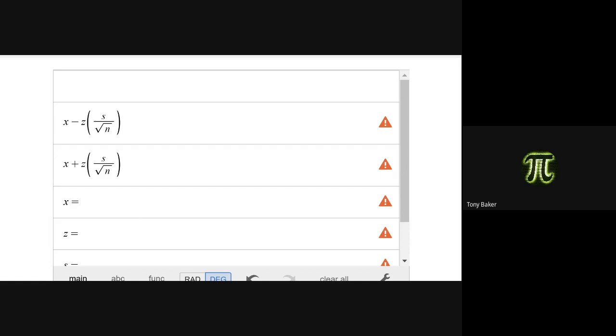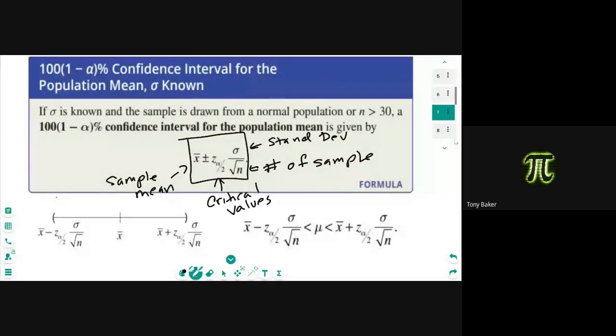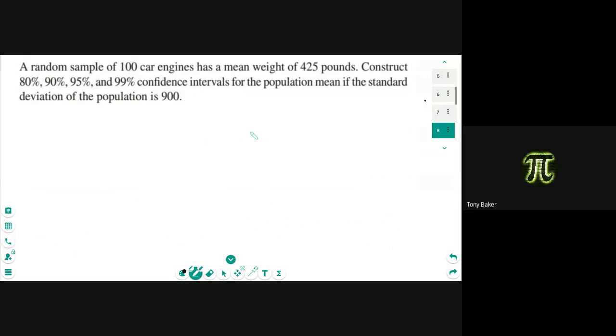All right, so let's look at a problem. A random sample of 100 car engines has a mean weight of 425 pounds. We want to construct a whole bunch of confidence intervals, just because I want to actually show you the concepts of them, for a population mean, if the population standard deviation is 900. We need specific pieces of information.